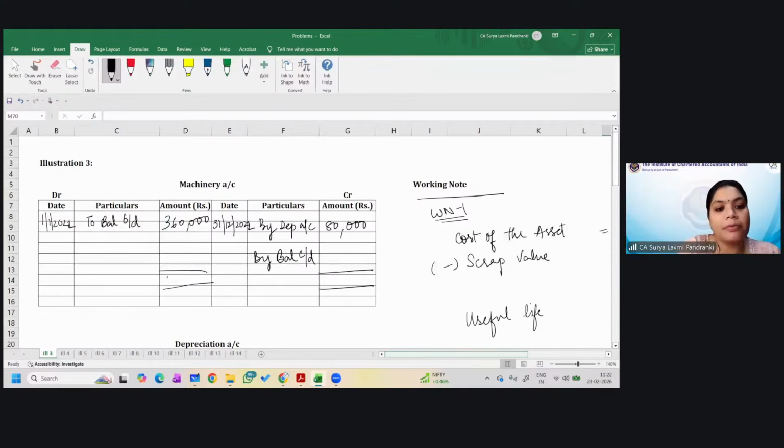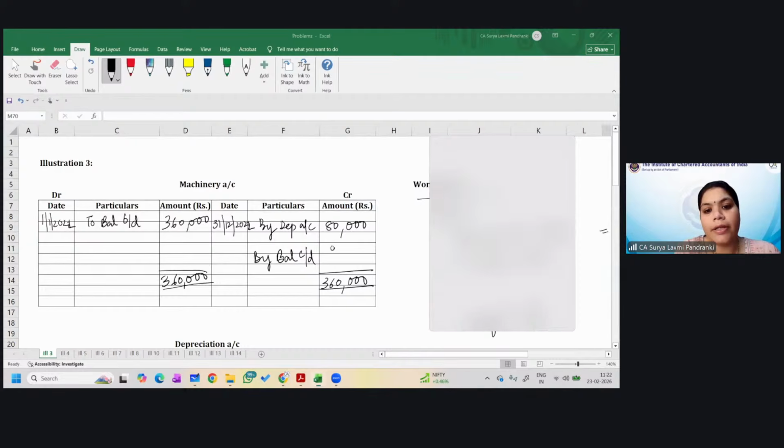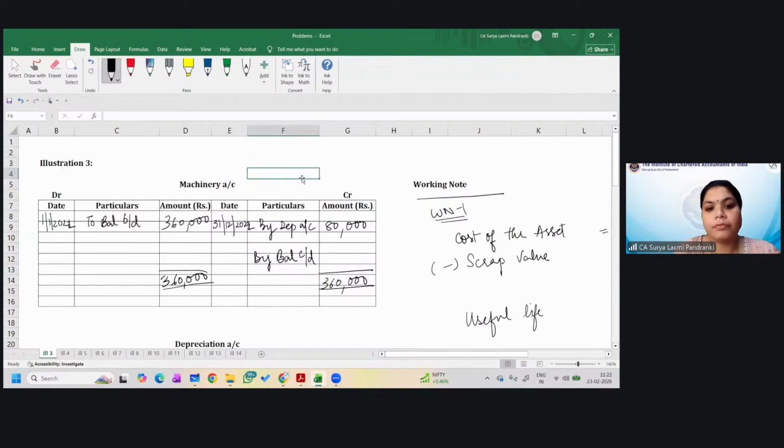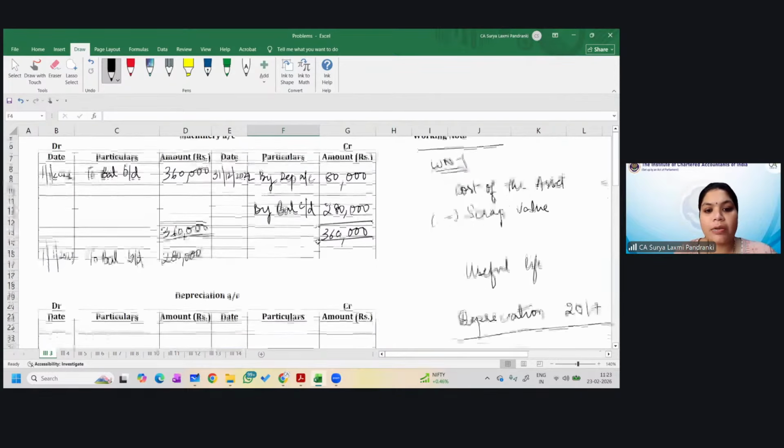Calculate the balance carried down. 2,80,000. Okay. So on 1/1/2023 to balance brought down will be 2,80,000. Done. So machinery account is done.